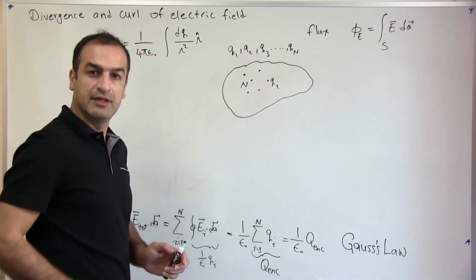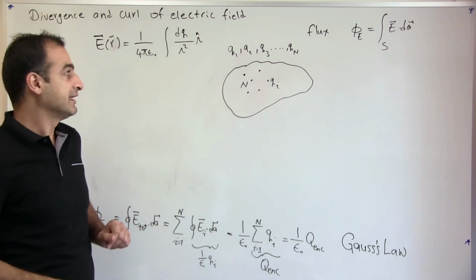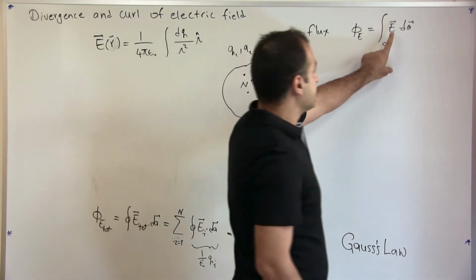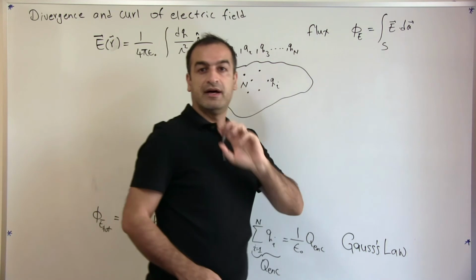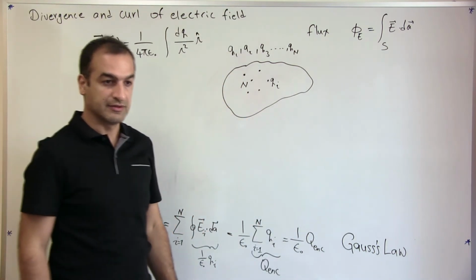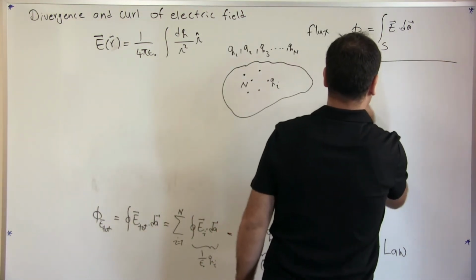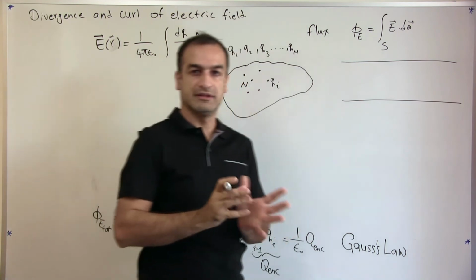So what I want to do now is go back to the divergence theorem, and relate this integral over the surface to the volume integral over the divergence of the electric field. Just to remind you, this is the divergence theorem, and this is purely calculus, it's mathematics.